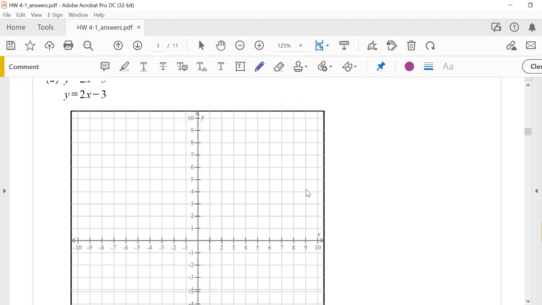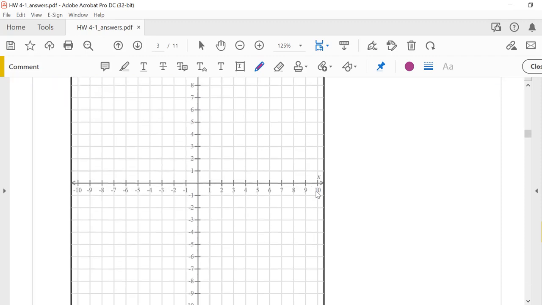So to graph them by hand, y equals 2x minus 3. The y-intercept is negative 3. And then my slope is 2, so I'm going to go up 2, right 1, up 2, right 1, up 2, right 1. There's my line.